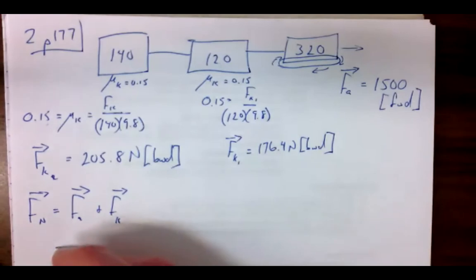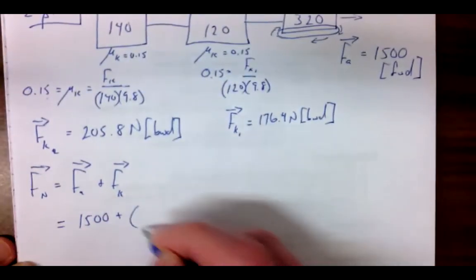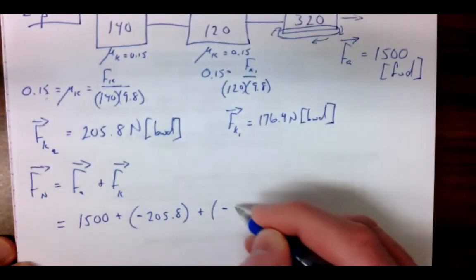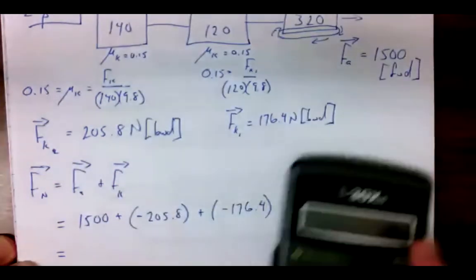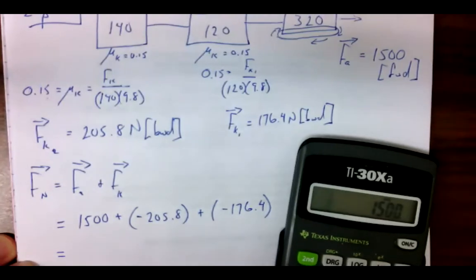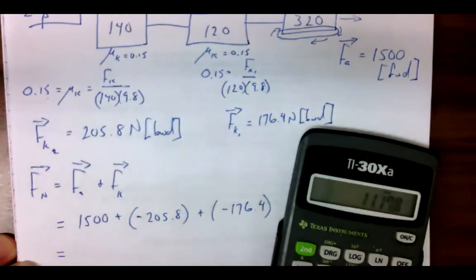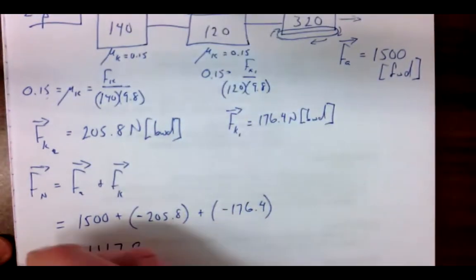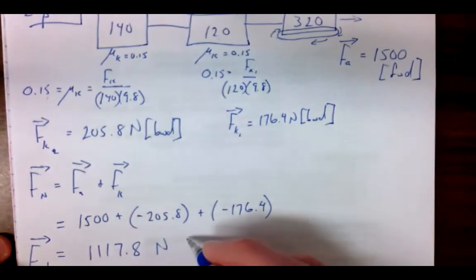So anyways, the applied force is 1,500 newtons plus two negative forces, 205.8 plus 176.4. 1,500 minus 205.8 minus 176.4 is 1117.8. That's the net force, in newtons forward.